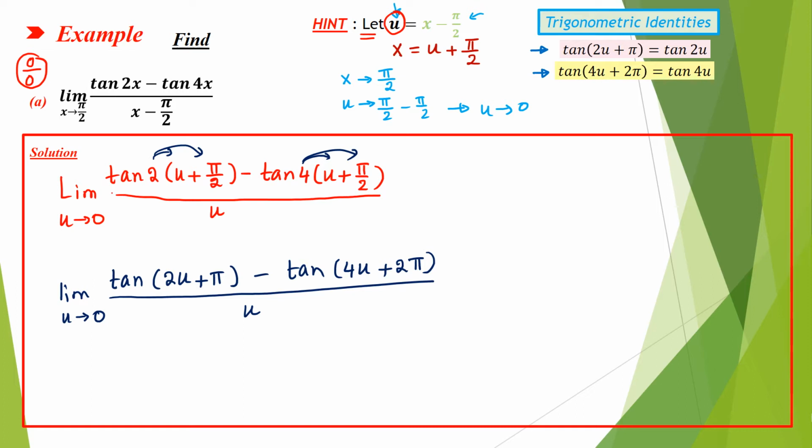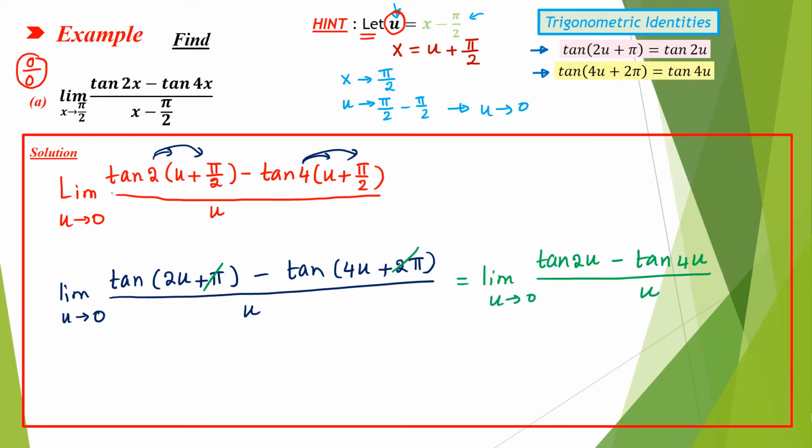So our limit will be the limit of (tan 2u, because you can cancel pi, and here you can cancel 2 pi, and we get minus tan 4u) divided by u when u goes to 0.